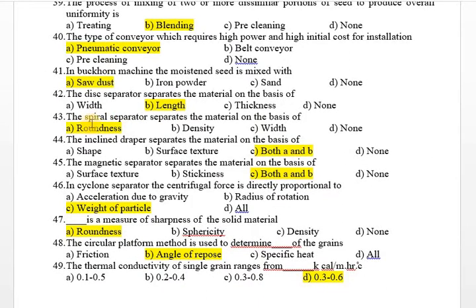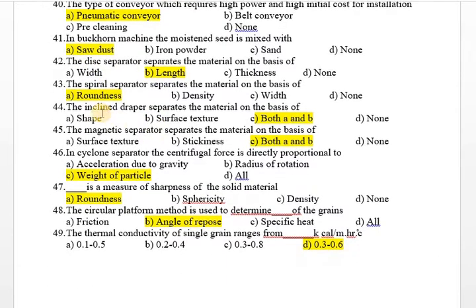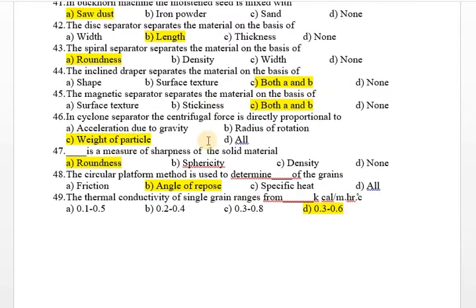Spiral separator separates on the basis of roundness. Inclined draper separates the material on the basis of shape and surface texture. Next, magnetic separator separates on surface texture and thickness. In the cyclone separator, the centrifugal force is directly proportional to the weight of the particle.